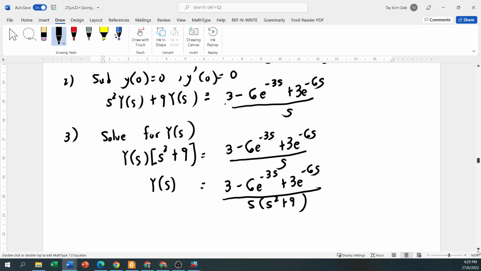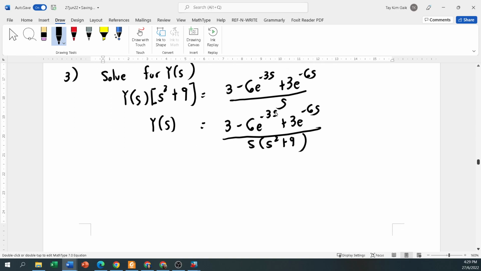Some of you did the partial fraction and did it correctly. Some, when you copied it down, 3 became 2, which is wrong. So step 4, taking the inverse Laplace.